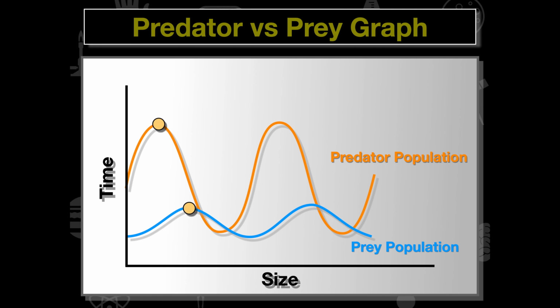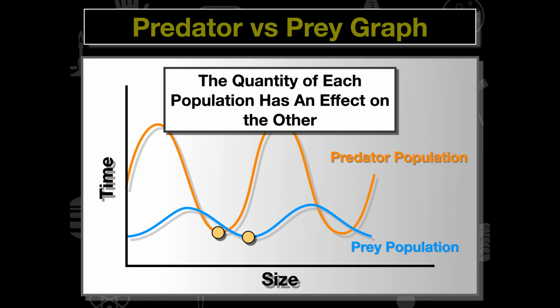As the prey population decreases, so does our predator population, and vice versa. Predator and prey population sizes, and also the physiological and biological advantages each organism has, influence the other. It's an interwoven, interconnected process, so the quantity of each population is going to have an effect on the other.